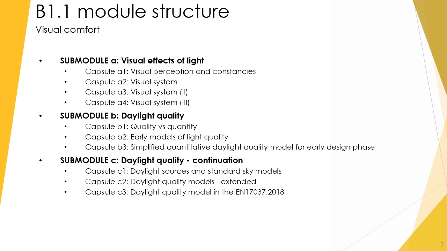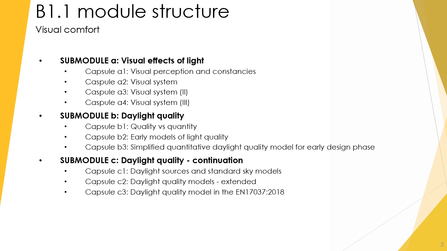The module structure is divided as follows. First, you have a sub-module on the visual effect of light, as mentioned, that will deal with visual perception and constancies and adaptation, and then you will learn more about the visual system, binocular vision, visual field of view, and so on.